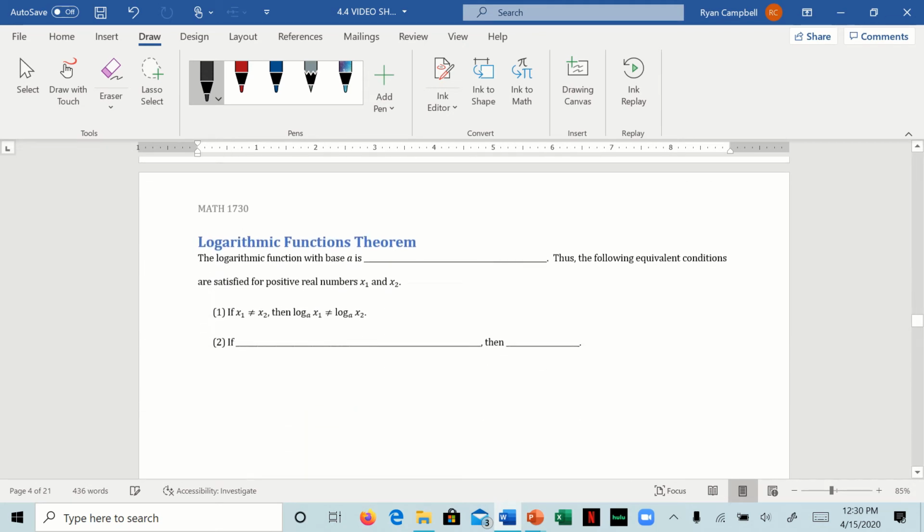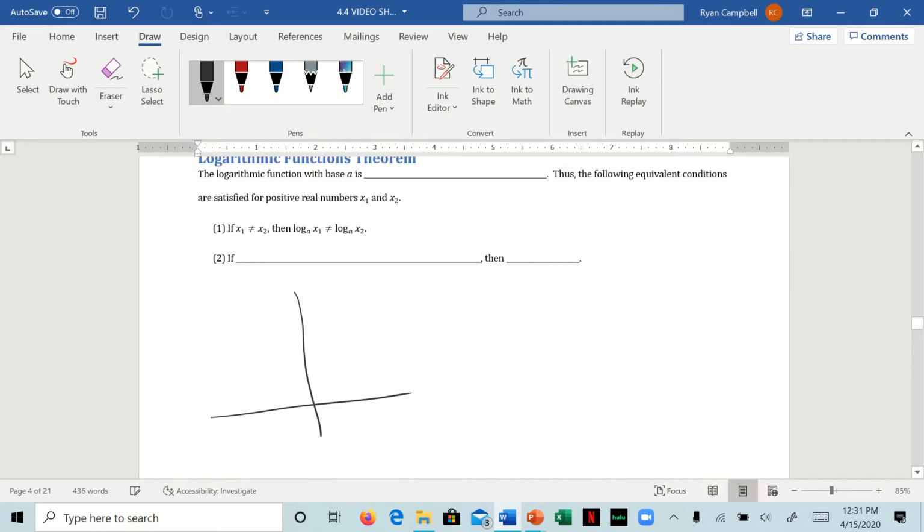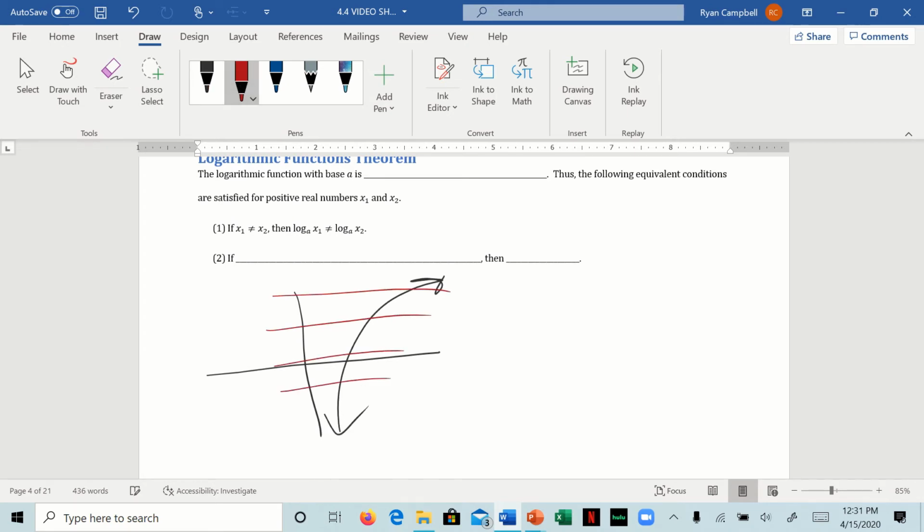All right, we're just flying through these. Okay, so logarithmic base, we can see, if we graph our log function, that it is also 1 to 1. So we also have a 1 to 1 function.